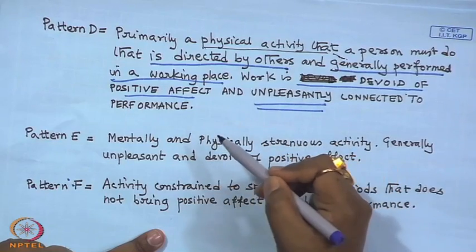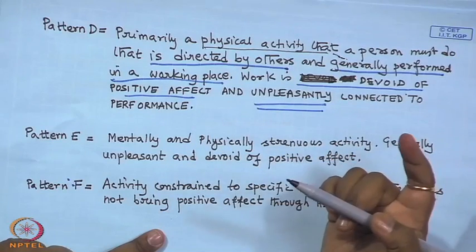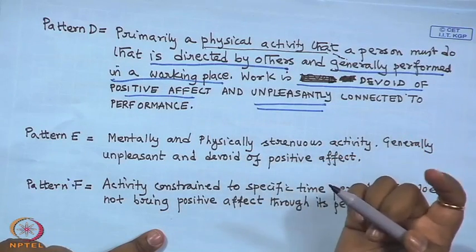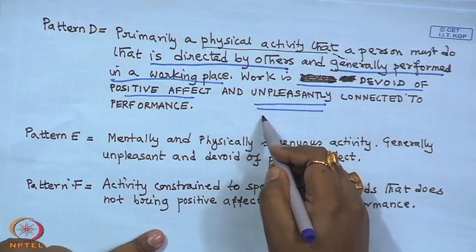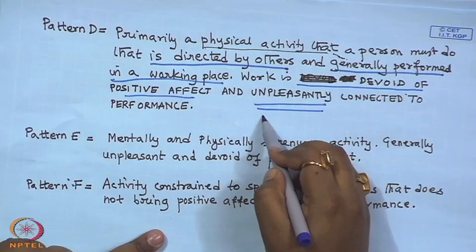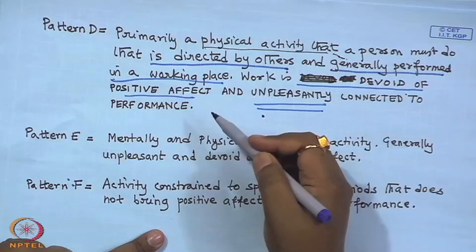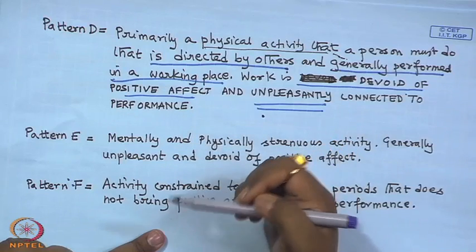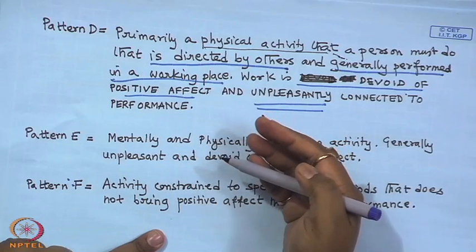This is in sharp contrast with pattern A, where it is pleasantly connected with performance. Here it is unpleasantly connected with performance because it has been directed by others and you do not have self-direction towards it.